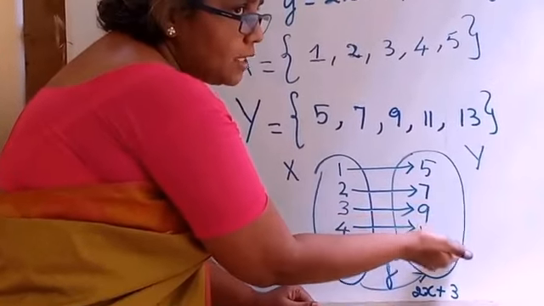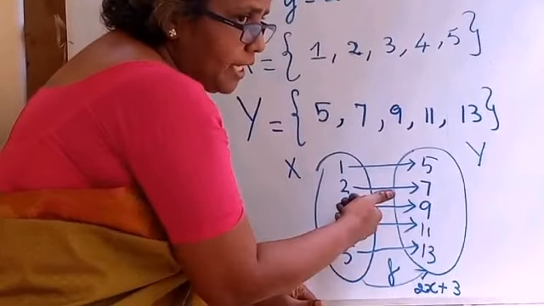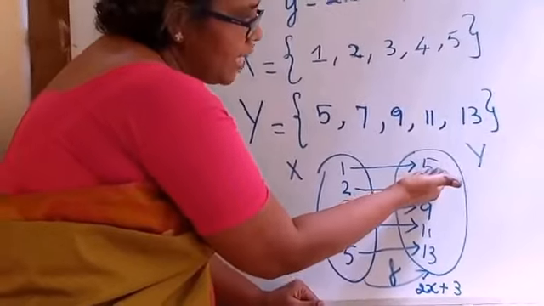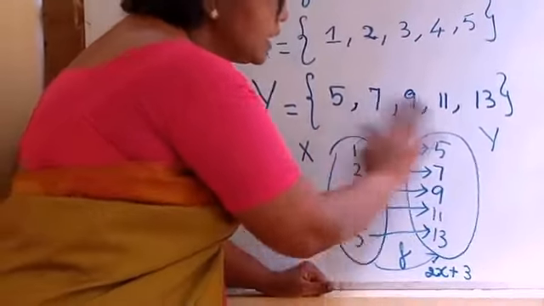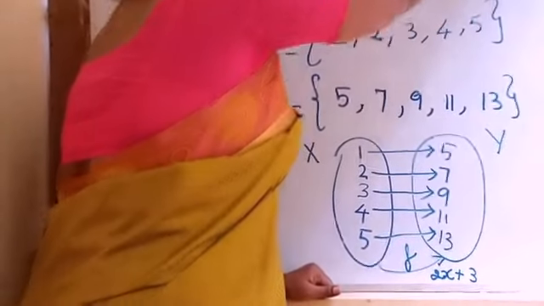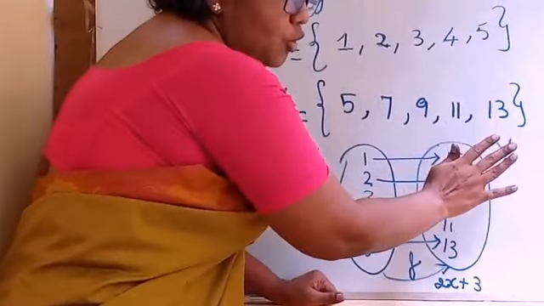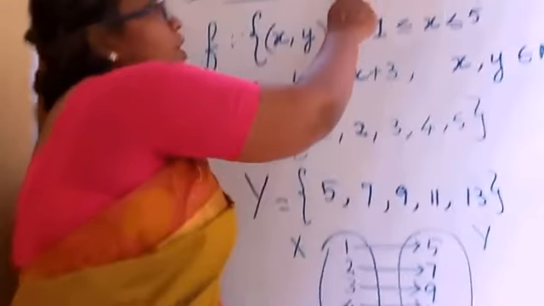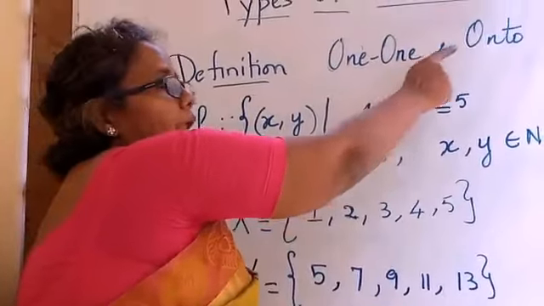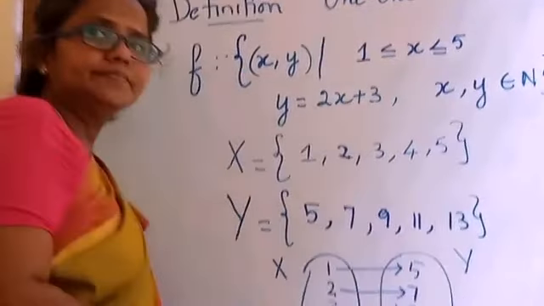Is any element in the codomain left without a pre-image? No. Every element in the codomain has a pre-image. Therefore, this particular mapping is also onto. So, together how do we call them? We call them a bijection. We call it a one-to-one and onto function.